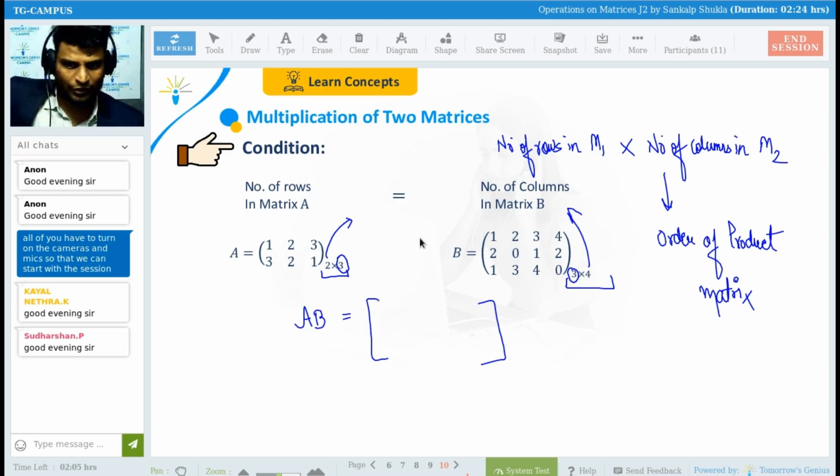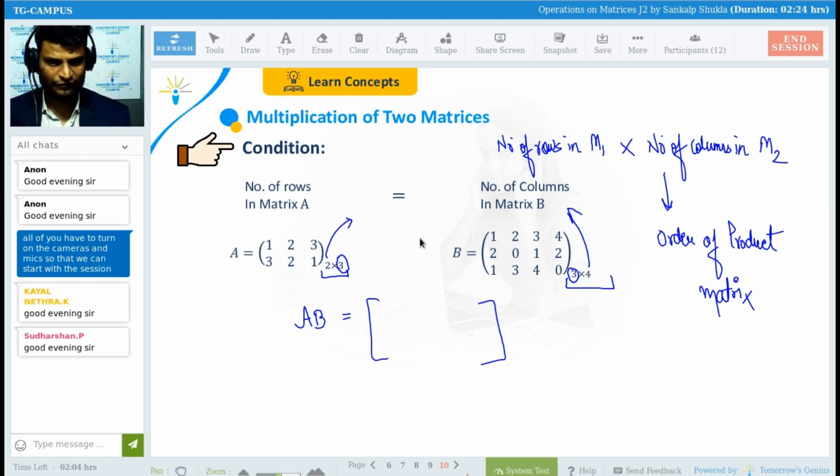Yes. So you're not supposed to turn off your cameras, okay? Because it is very practical and logical. I am not having any idea what is going on behind the screen. Yes or no? So I can see a blank screen over here. Somebody has joined the session and there is this black screen.